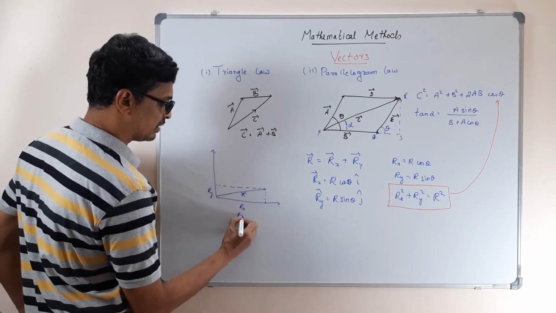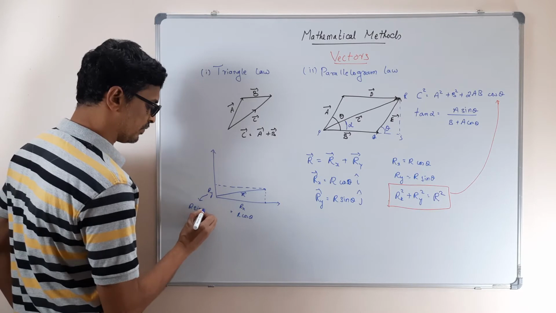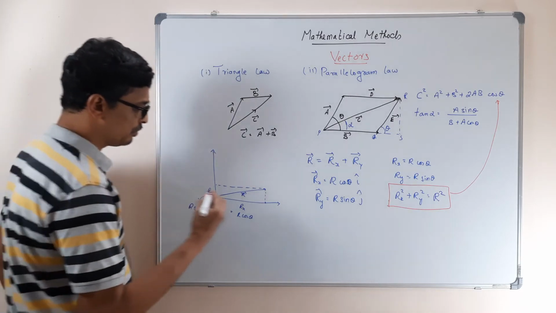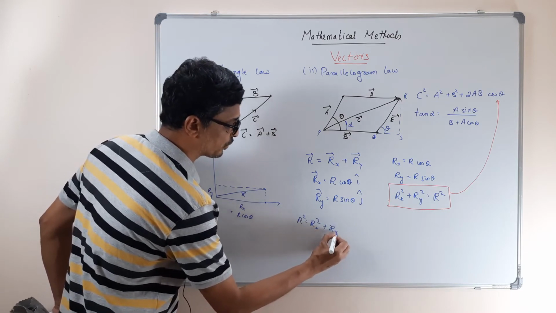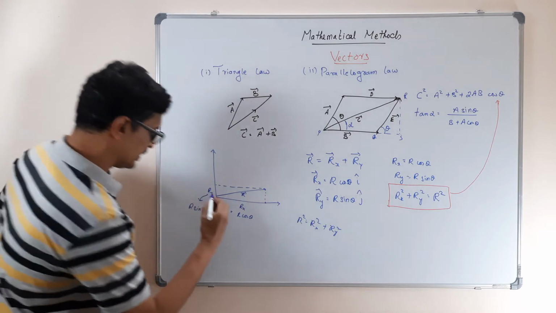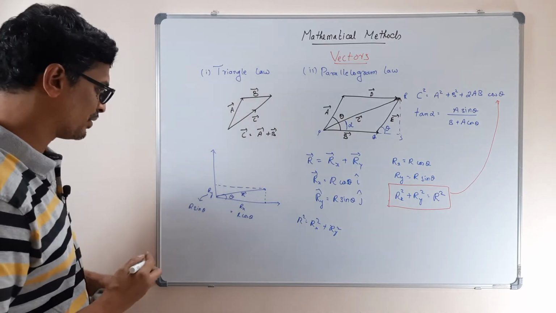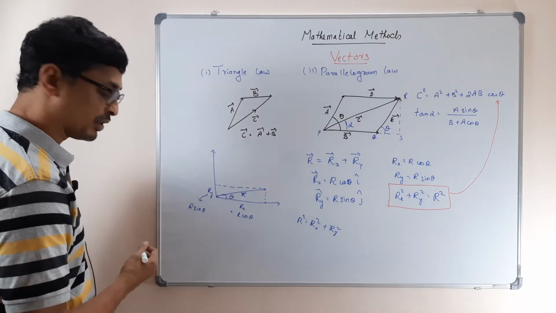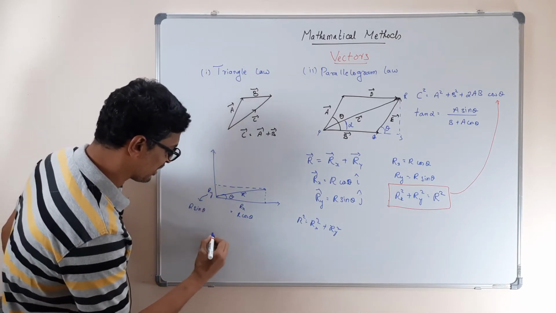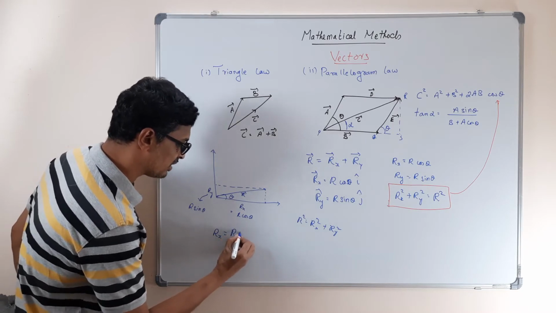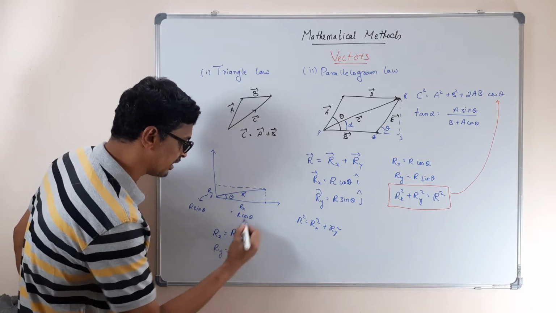Rx equals R cos theta, Ry equals R sin theta. That's the magnitude. And what we found, R square equals Rx square plus Ry square. Tell me what will be this angle? Theta equals sin theta by cos theta, that you can always find out. How will you find it out? Take tan theta. We have Rx equal to R cos theta, Ry equal to R sin theta. Take the ratio of these two.